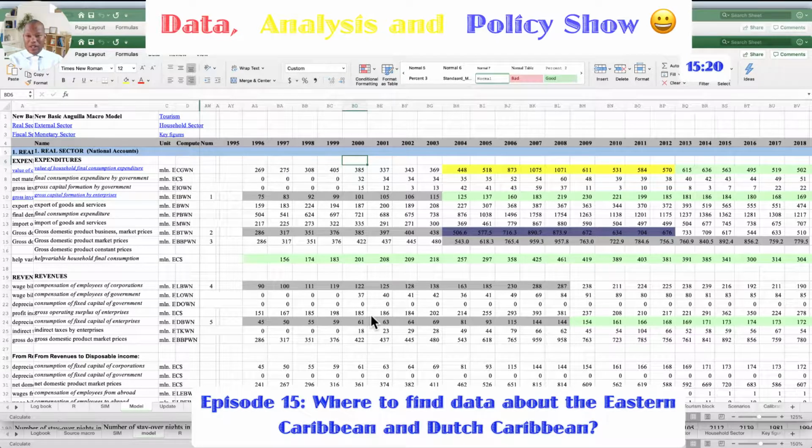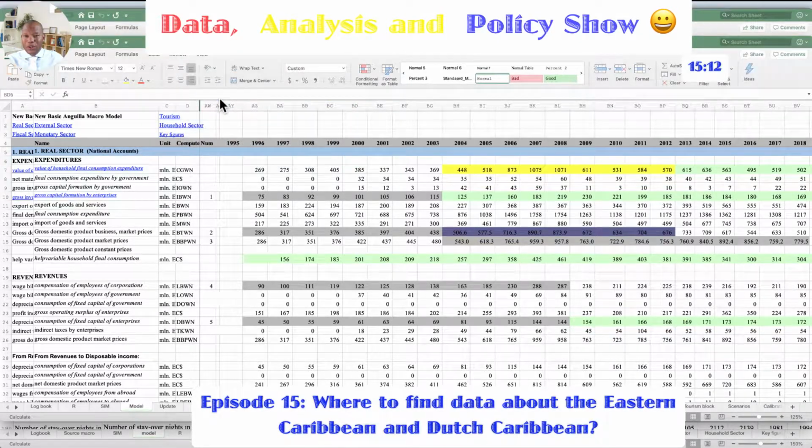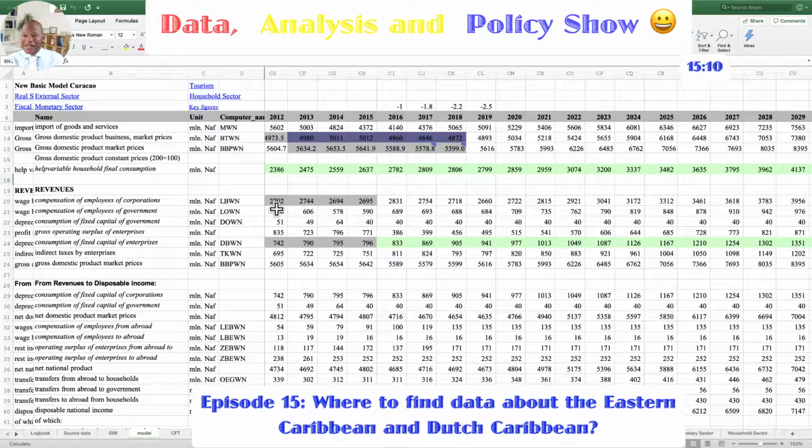And what you see is the model of Curacao. Yes, this is the basic model of Curacao.